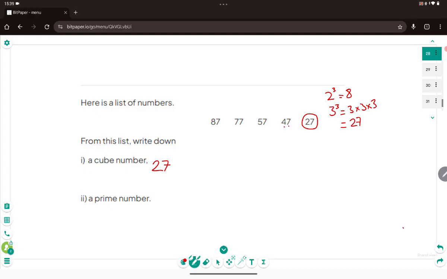Ooh, maybe 47's prime. Okay, let's just have a think about 47. Yeah, it's not in any times tables I can think of. 47 is our prime number.